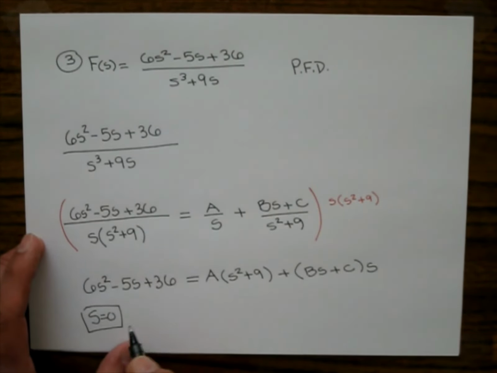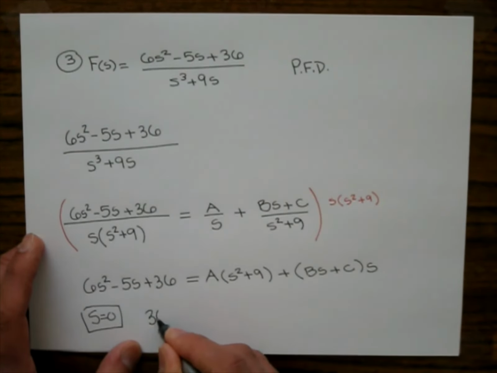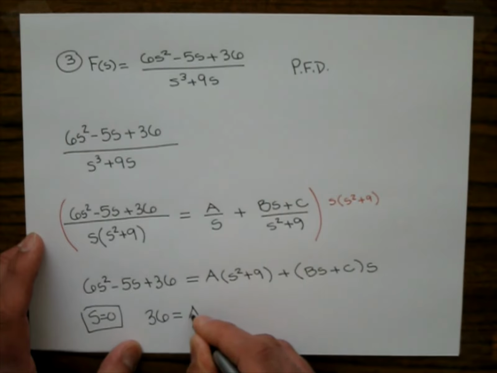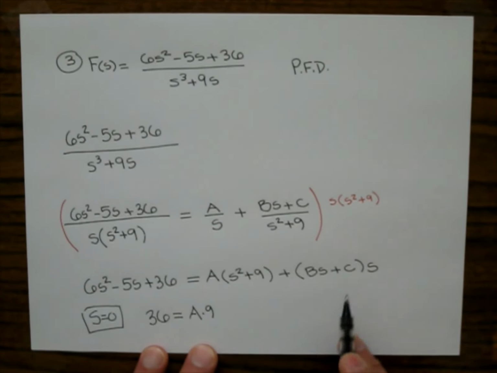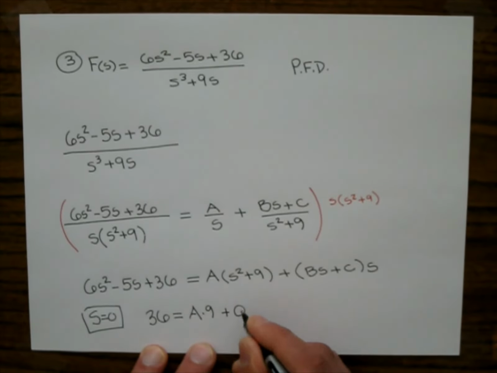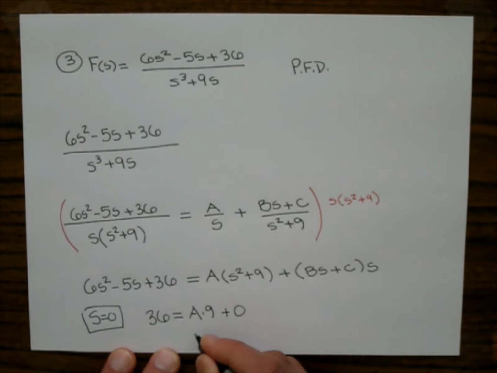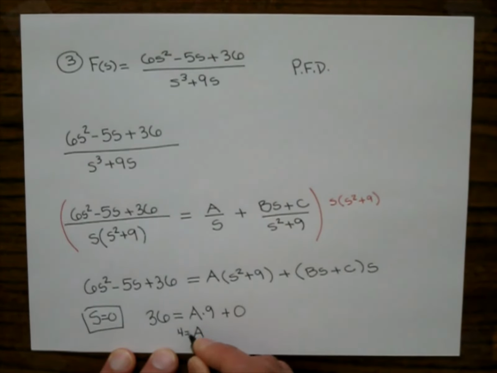You'll get on the left-hand side, 36, and on the right-hand side, you'll get A times 9, and then this guy right here is 0. So this gives us 9A equals 36, or A equals 4.